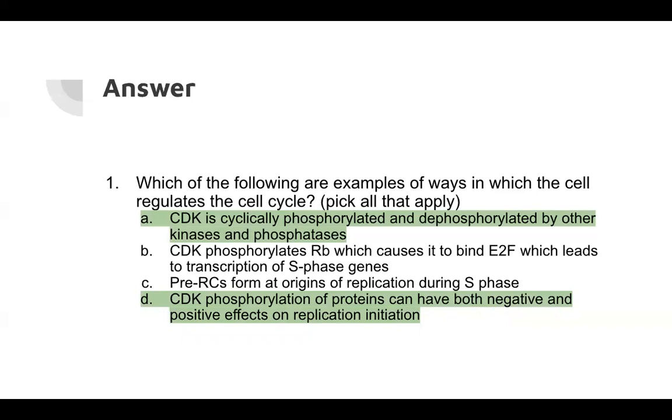B is not correct because it says that it causes RB to bind to the E2F transcription factor, but it actually causes RB to let go of E2F. And C is also not correct because pre-RCs form at the beginning of G1 phase, not during S phase.